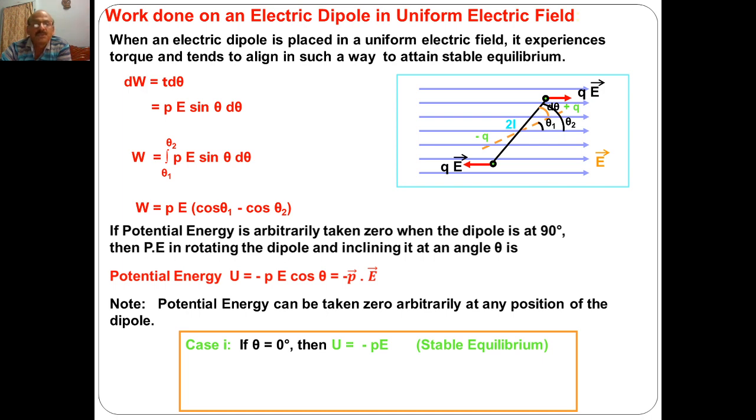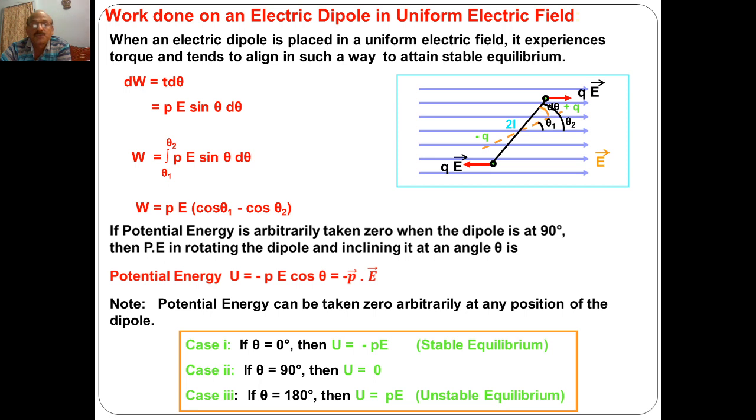So it is the minimum potential energy. It is a stable equilibrium. If theta is 90, then potential energy is 0. And if theta equals 180 degree, then potential energy is maximum, that is unstable equilibrium. That's for today. Thank you.